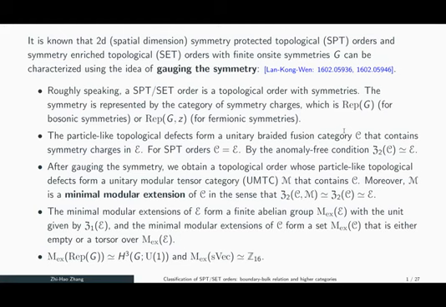So my question is, what is the requirement of C? It's just Z2 of C equal to E? Yes. Okay. So in the second remark, why do you consider particle-like defects in 2D? The symmetry should be a line defect. This is 2D spatial dimension. Oh, 2D spatial. Yes.